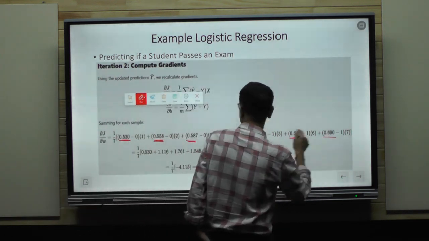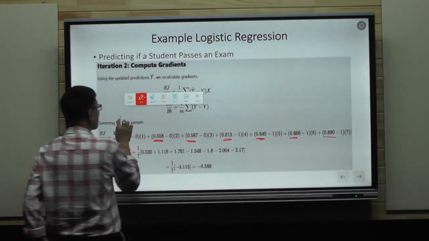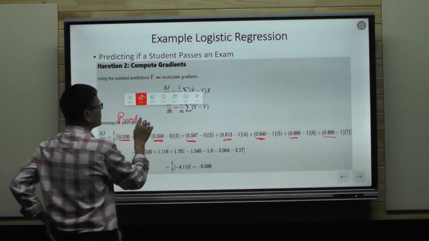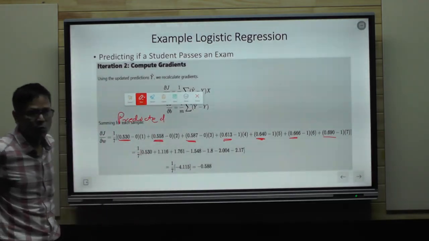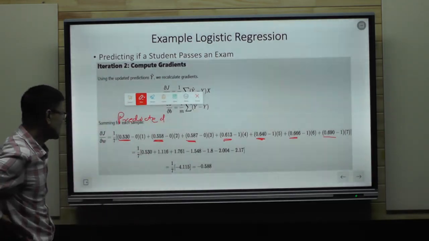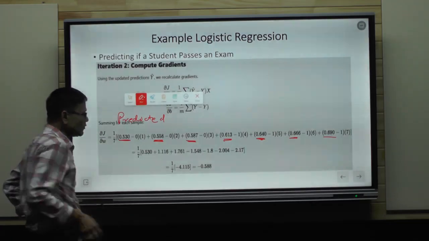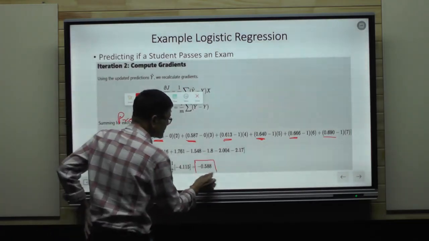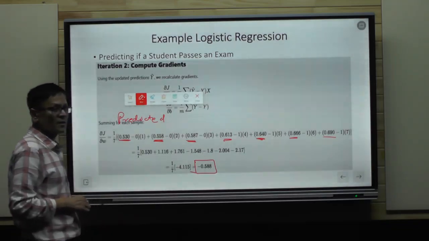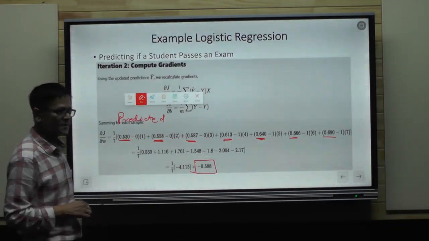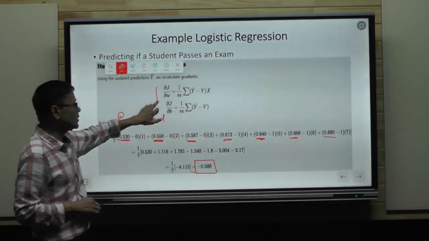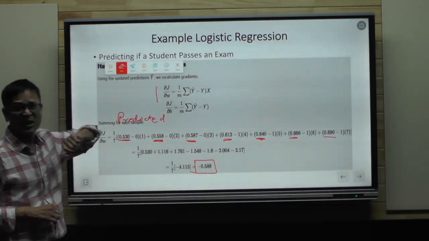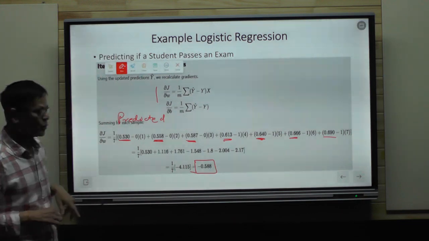Whatever is underlined is predicted by your algorithm. Ultimately you find the weight gradient to be -0.588. So this is the ∂J/∂W you have calculated.